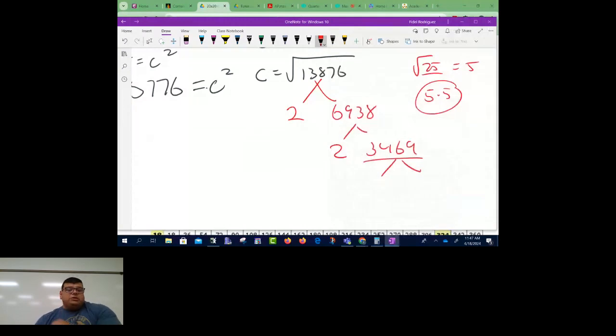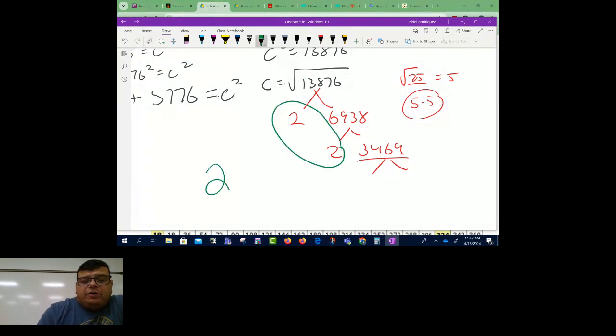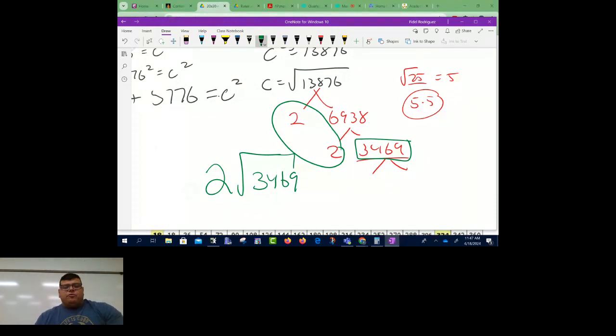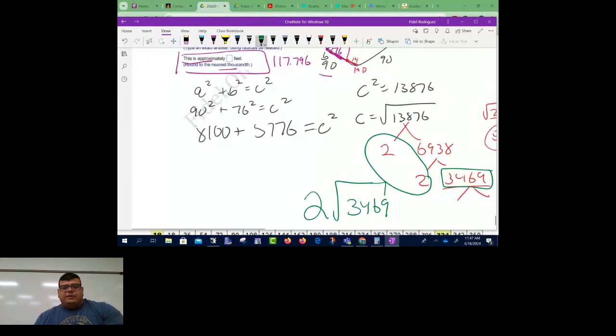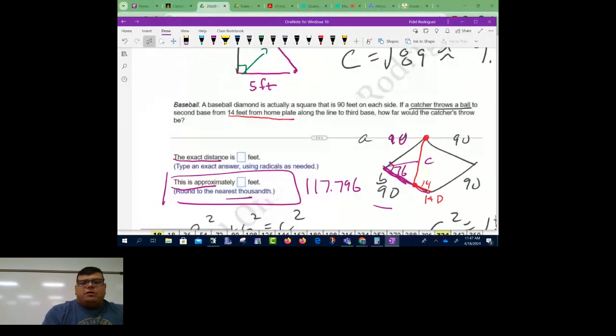So what we would do here is take the square root. The square root means we're getting pairs. What number do we got a pair of? We got a pair of 2s. That 2 gets to come outside. This number cannot be broken down anymore, so that stays inside my square root. And this right here is what we call our exact distance: 2 times the square root of 3,469.